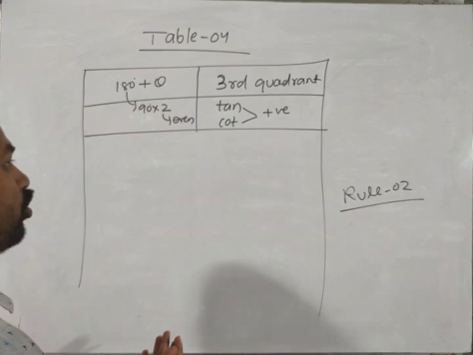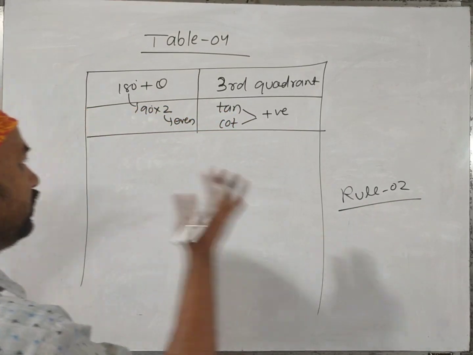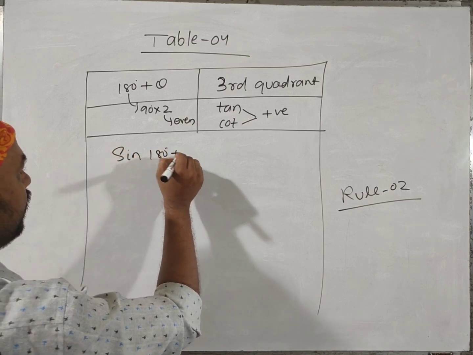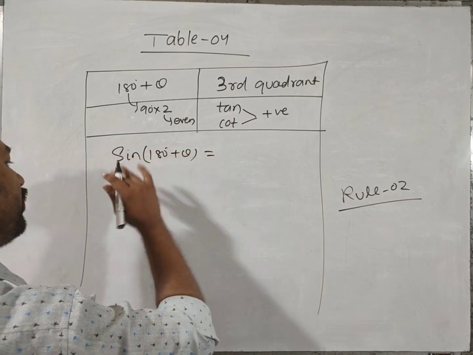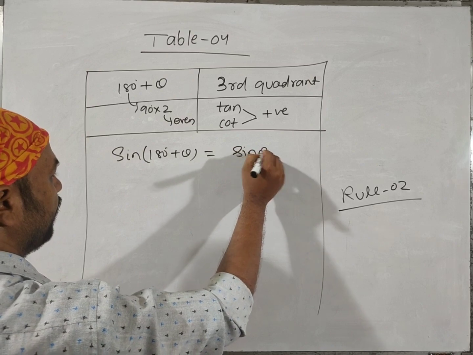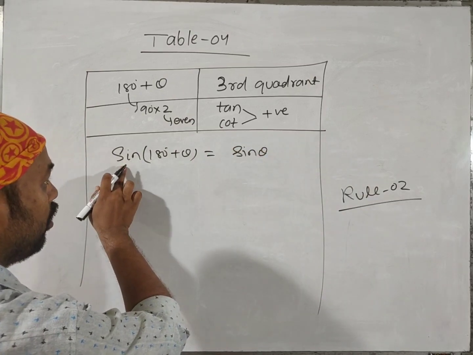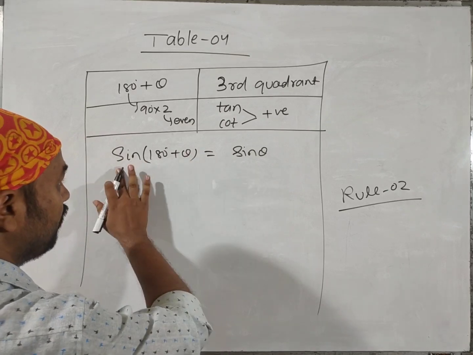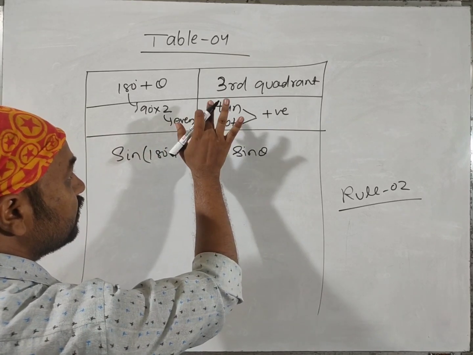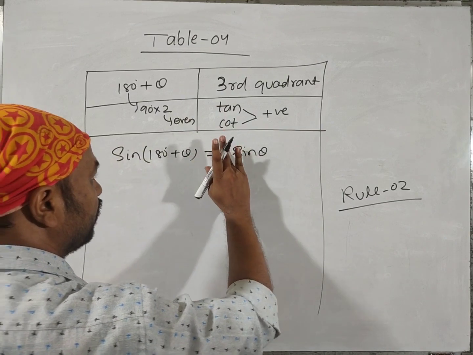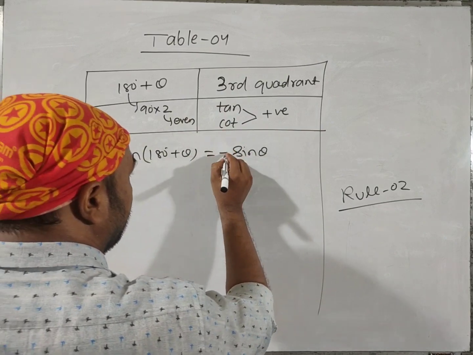That means all the trigonometric functions will remain unchanged. So sin 180 degree plus theta, first of all you have to write down sin theta, because sin will not be changed. As rule 2 is applied, then you have to go through whether it is positive or negative. Sin function is negative because tan and cot are the only positive ones. So sin function is negative here.